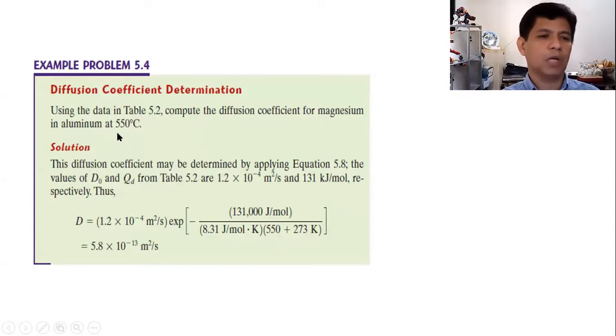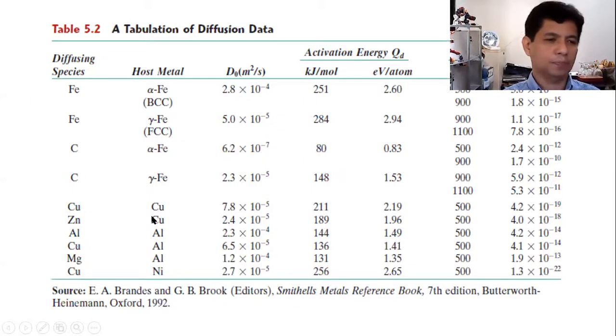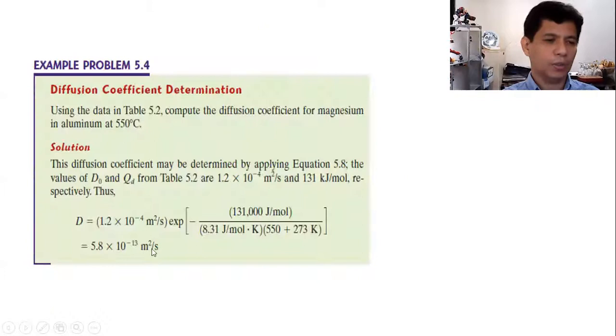Magdi-diffuse yung magnesium sa aluminum at 550 degrees Celsius. Hanapin natin yung D0 sa table. Magnesium in aluminum, ang D0 niya ay 1.2 times 10 to the negative 4 meters squared per second.